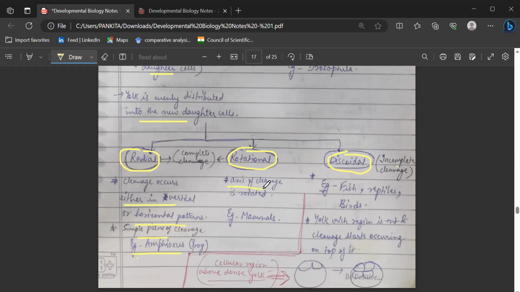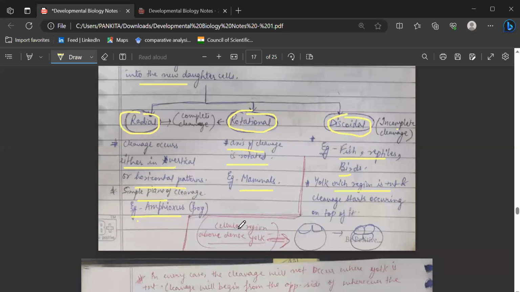In the case of rotational, the axis of cleavage is rotated, for example in mammals. The discoidal cleavage happens in fishes, reptiles, and birds, where a yolk-rich region is present. Cleavage starts occurring on top of it. So this is the way the cellular region above the yolk gets cleaved.